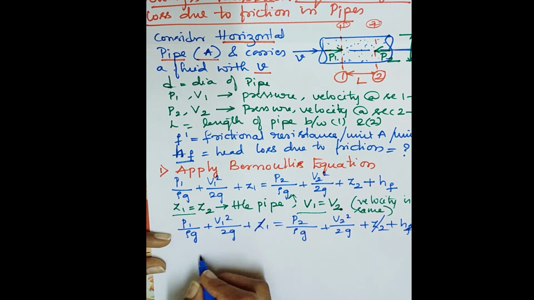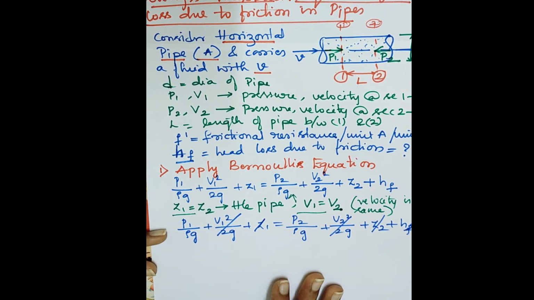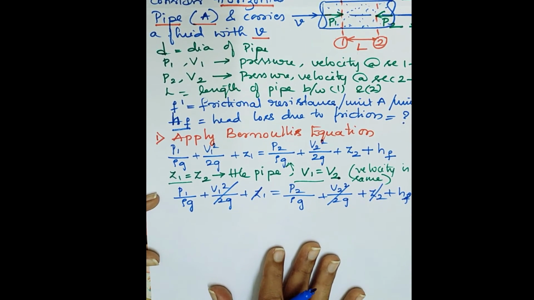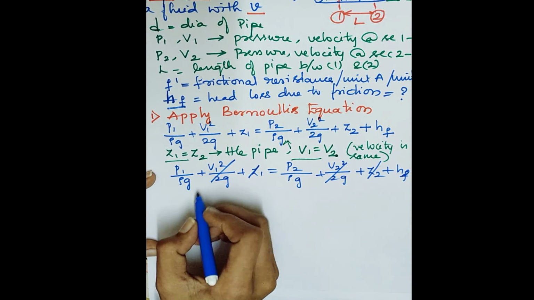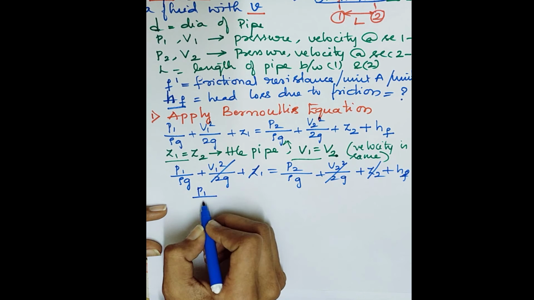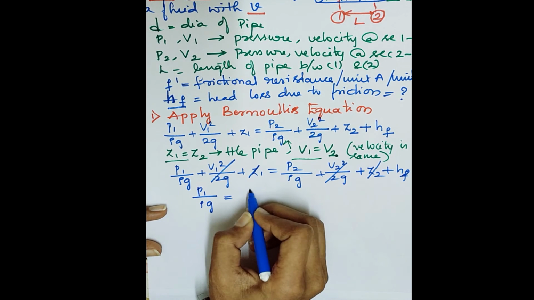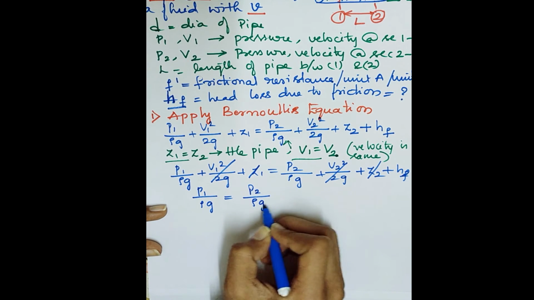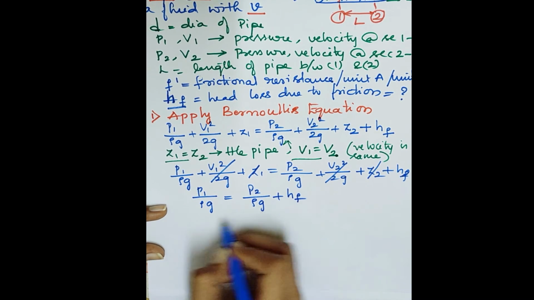So we will get P1 by rho g is equal to P2 by rho g plus HF.